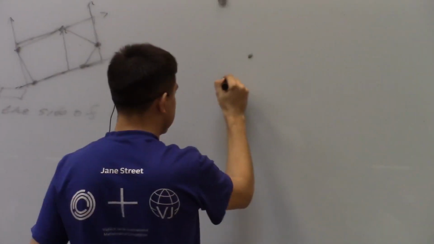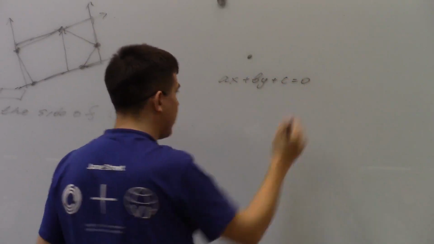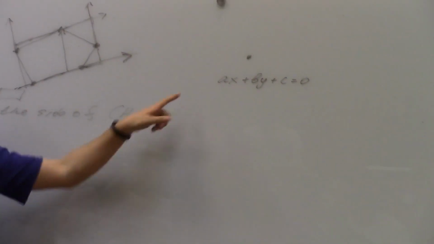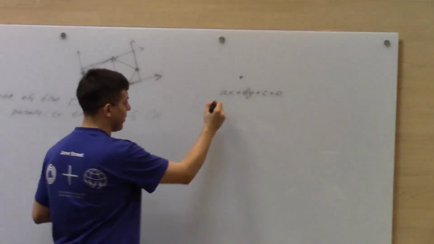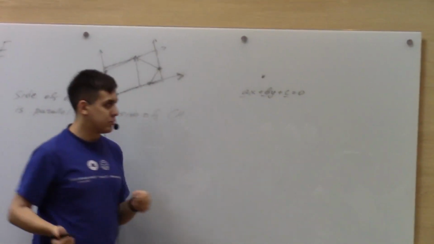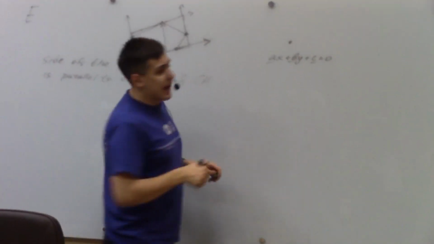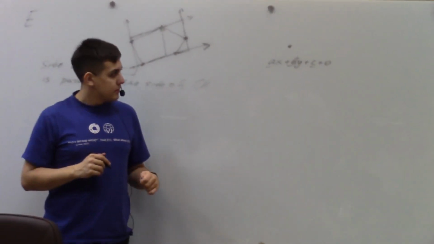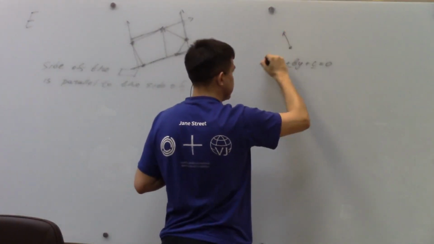I usually use lines as an equation: ax plus by plus c is 0. So the only thing I need is to figure out how a, b, and c look like. Well, I like to look at a line as follows.